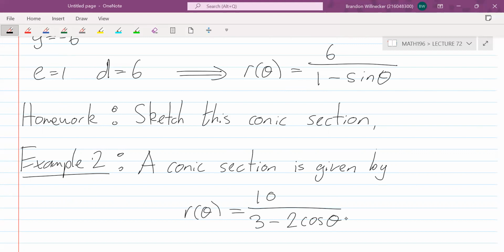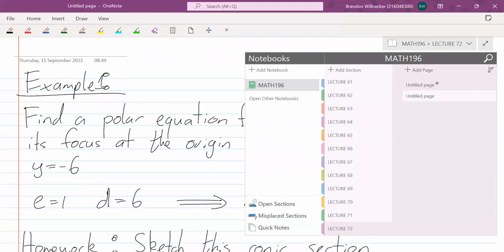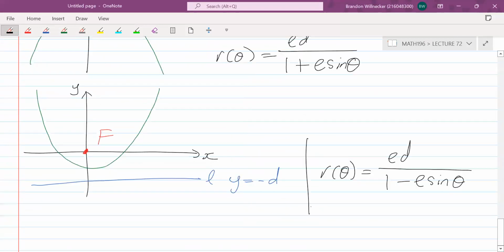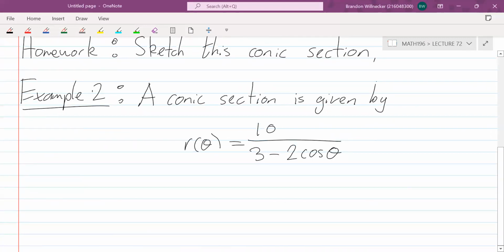Okay, so it doesn't look exactly like what we had before, but remember, we can always manipulate the equation so that it looks like this over here, or one of these four. So a conic section is given by this polar form.